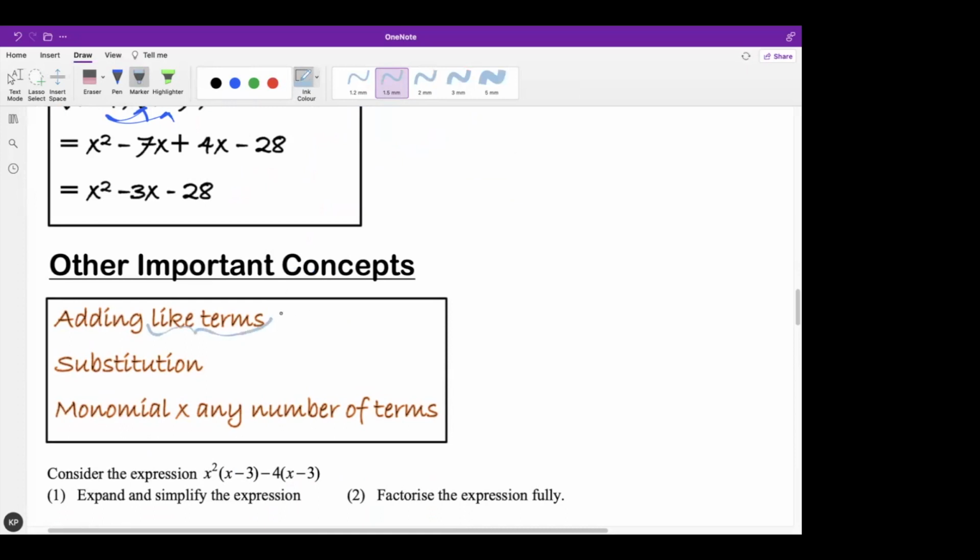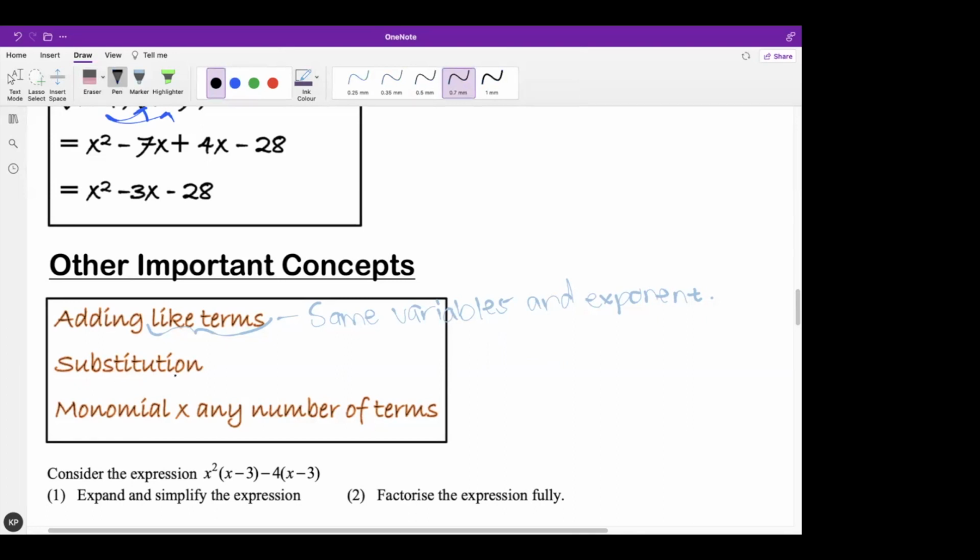Like terms are terms with the same variables and exponents. A great example is x and x squared. X and x are the same variable, but my exponents are not the same, so these are not like terms. That's why you have to say they have the same variable and the same exponent.